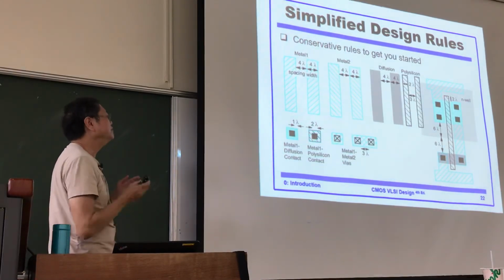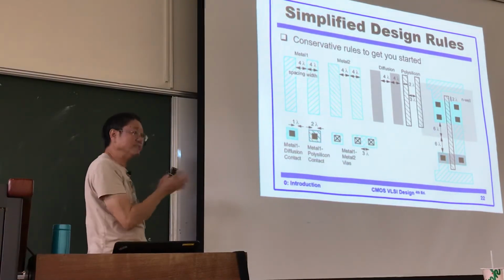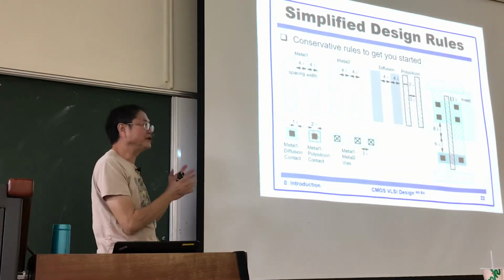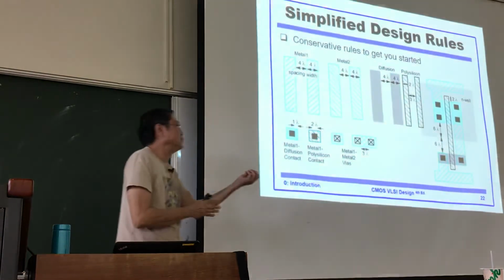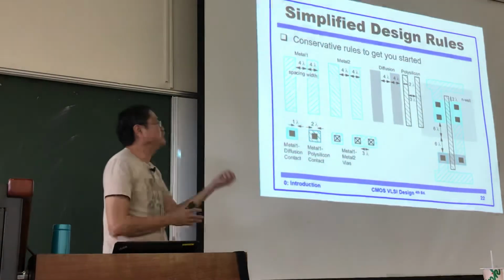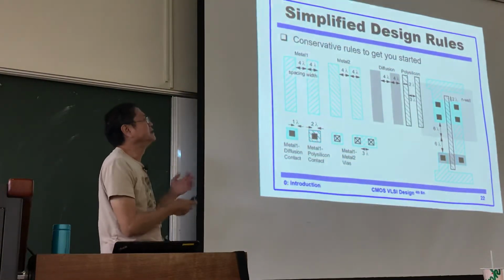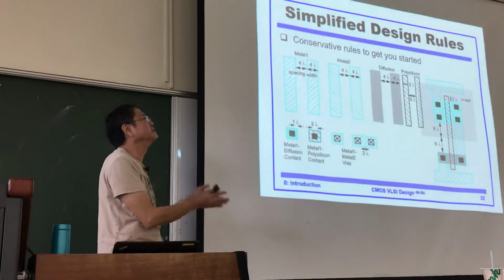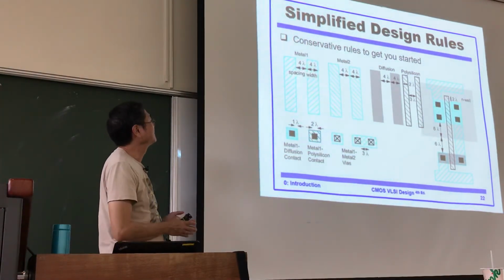Why is that? Because the accuracy is limited for the specific process. You cannot make it even smaller, no way. It has to be at least some size. Otherwise, the accuracy of the equipment cannot manufacture a good chip, a good circuit.